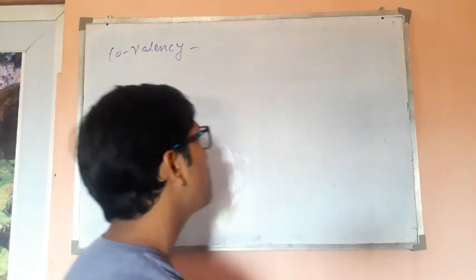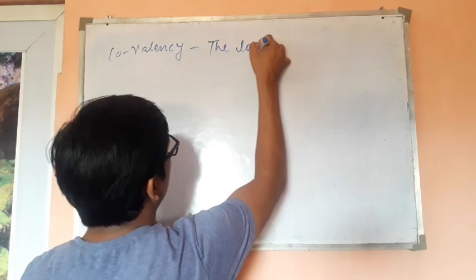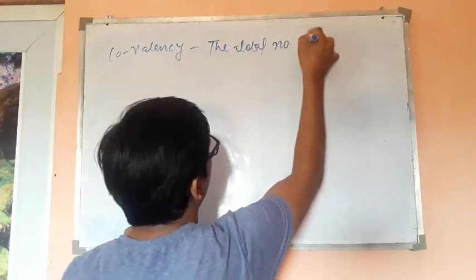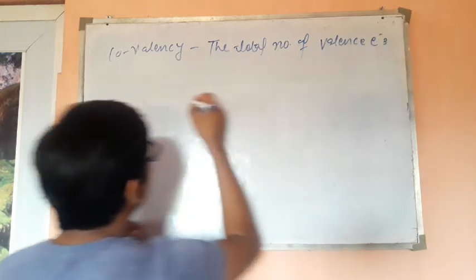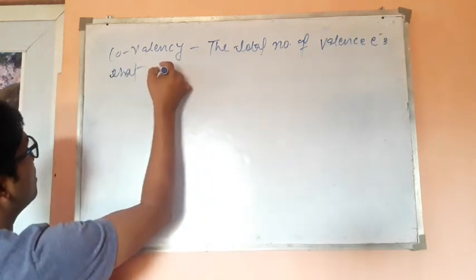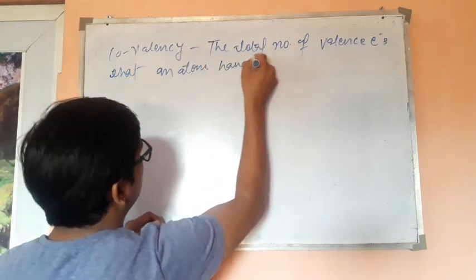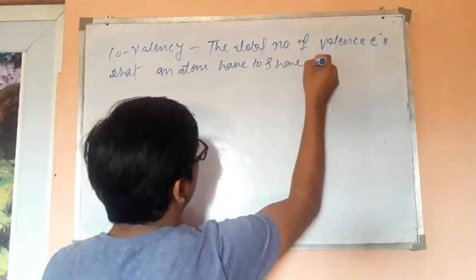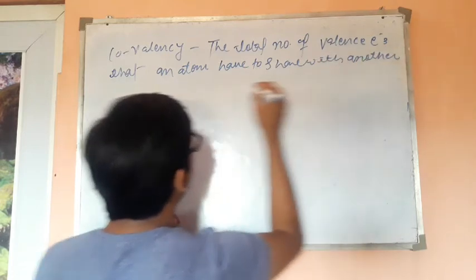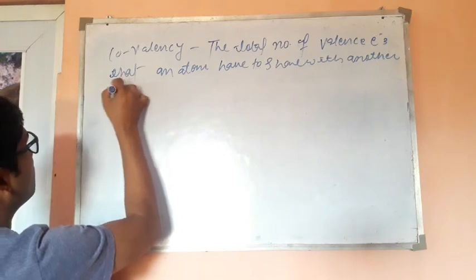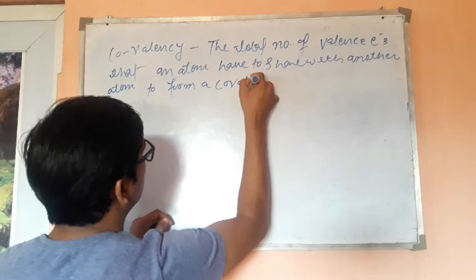It is explained as the total number of valence electrons that an atom has to share with another atom to form a covalent bond.